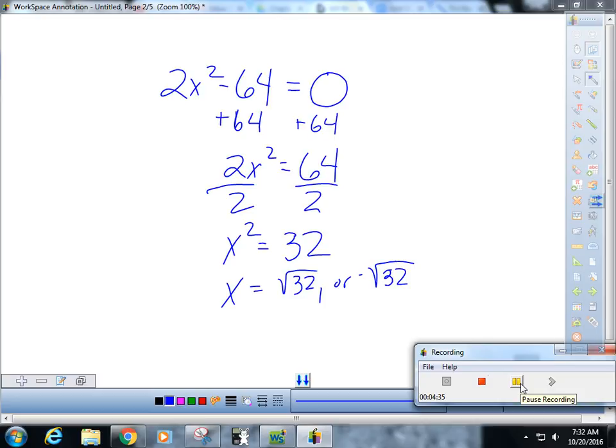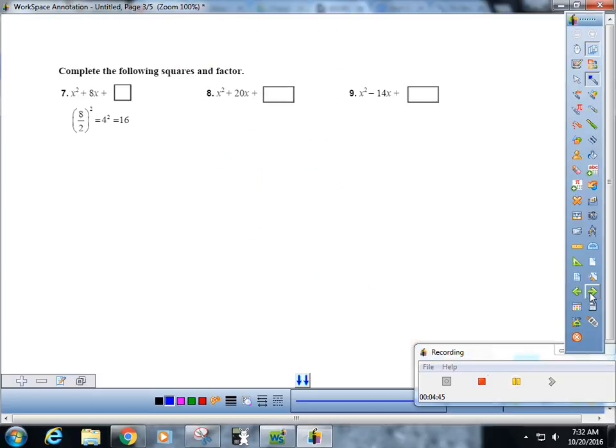Exactly, okay? All right. So, now, what this little section of the worksheet is doing is teaching you how to complete the square, okay? Here's what you do. You take the b term, cut it in half. That's where they got the 4, okay? And then you square it, and you get this thing right here. It's called 16. Now you write that 16 in here.